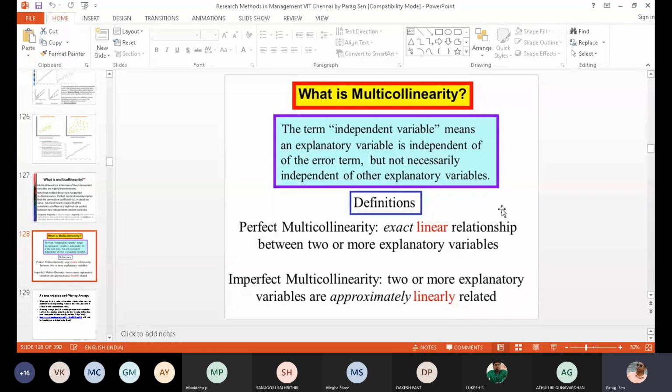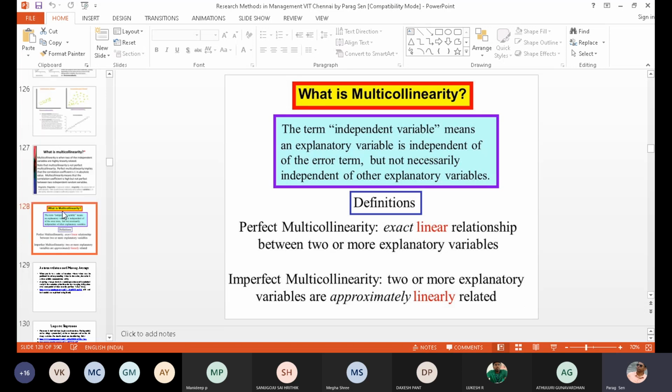But let me tell you one thing: we should understand that correlation and causation are not the same thing, which very often students or people get confused about.